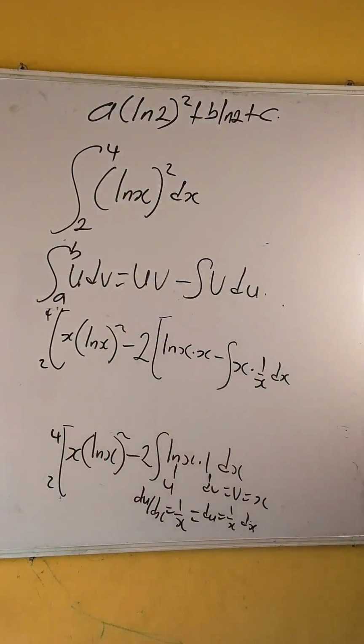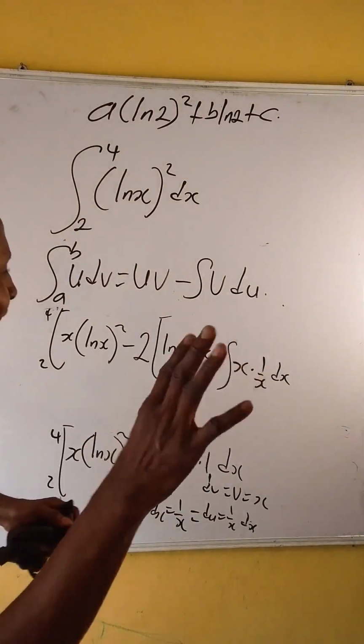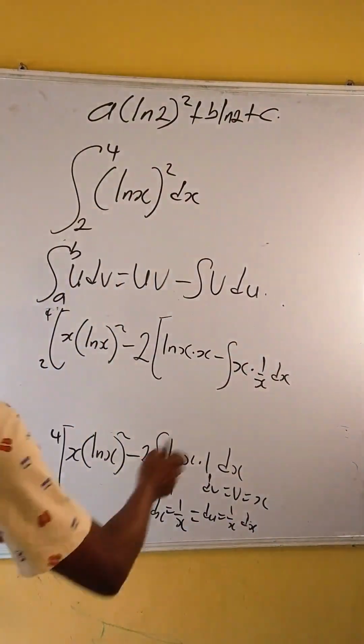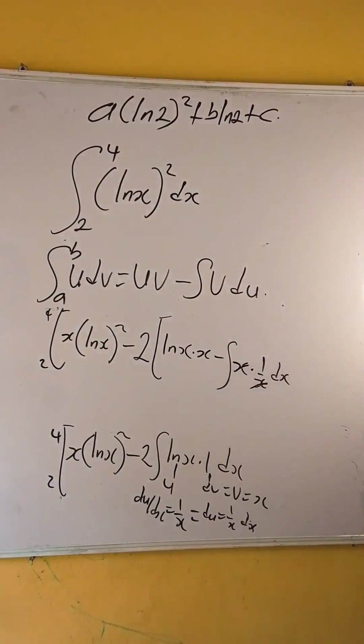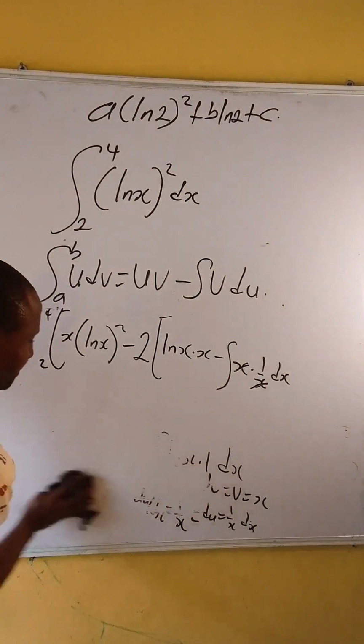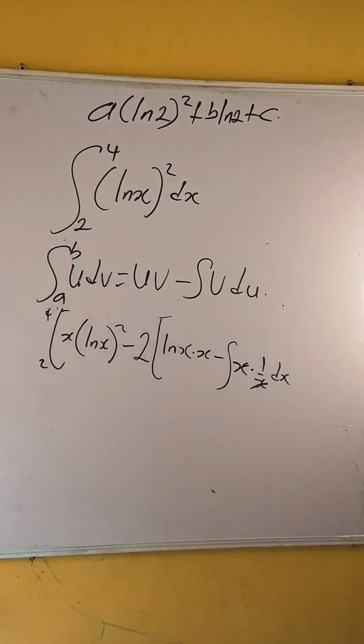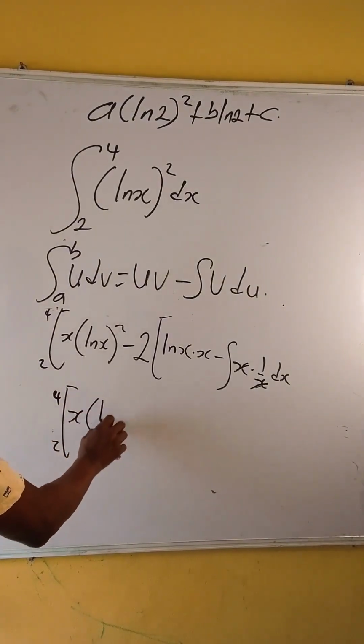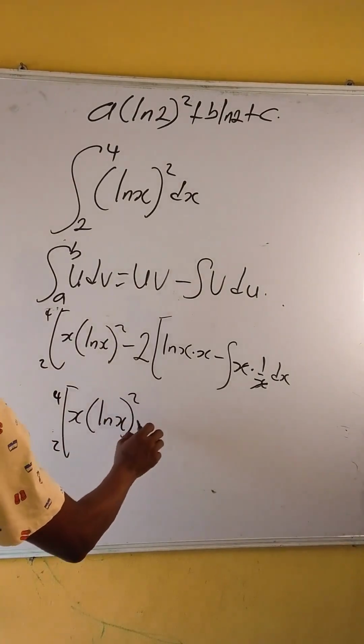I hope I'm not confusing you. This is integration by parts. So this x will cancel that x. So we have our 4 and 2 x brackets ln x all squared minus 2.